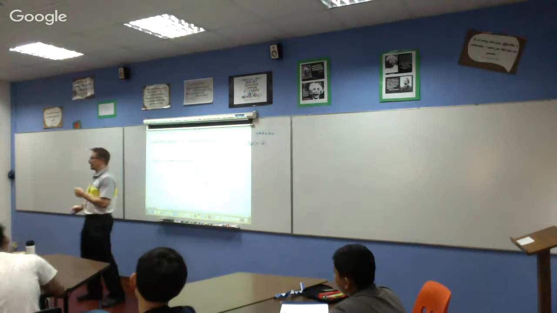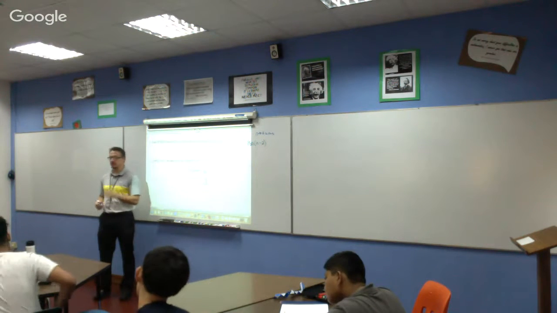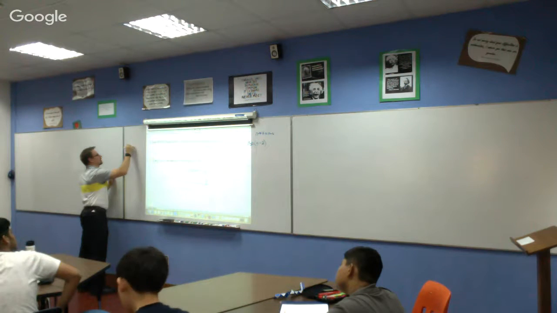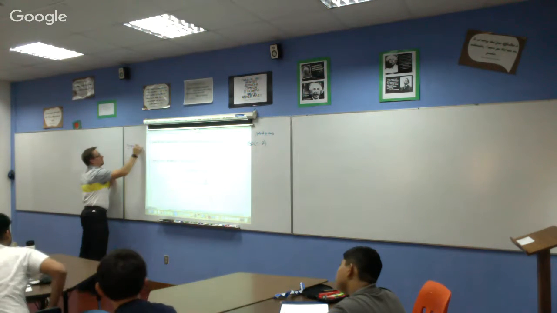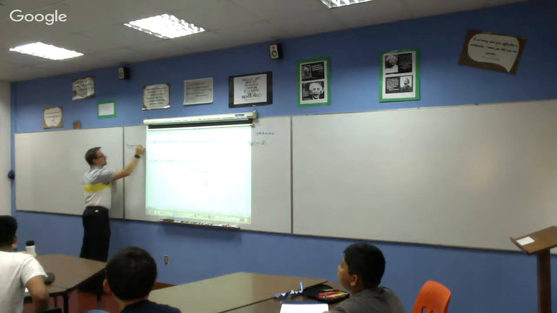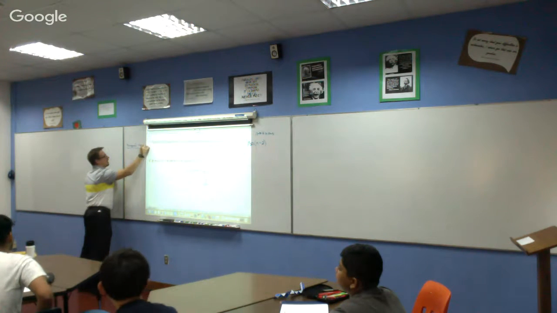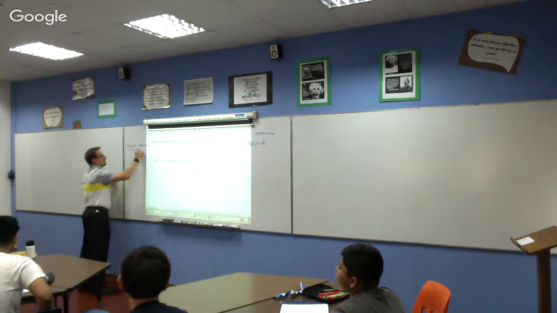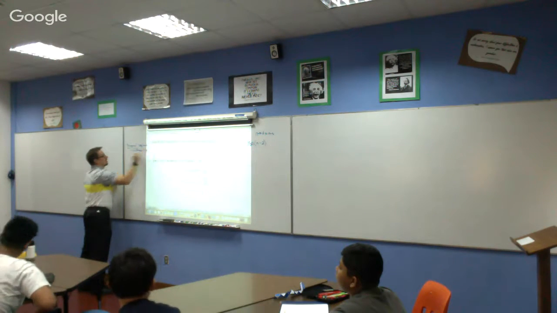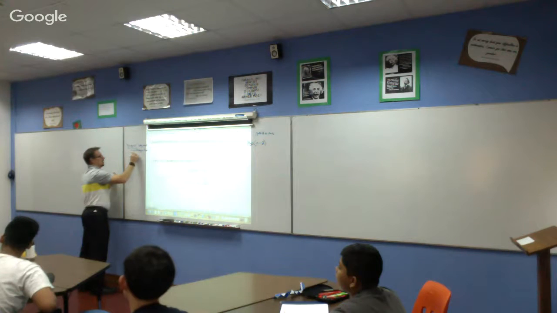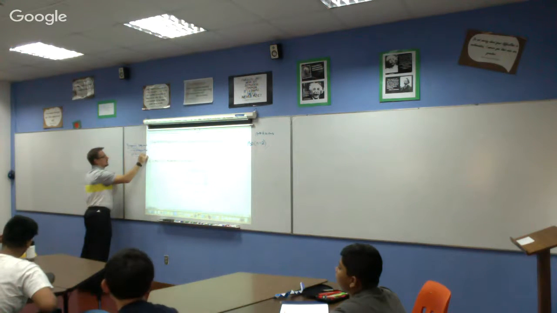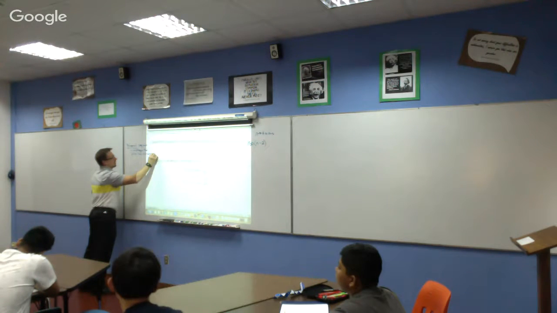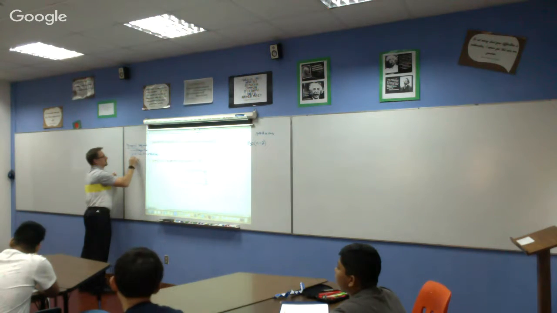A diagonal is a segment in a polygon that joins 2 non-consecutive vertices.